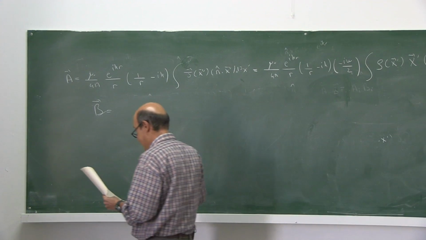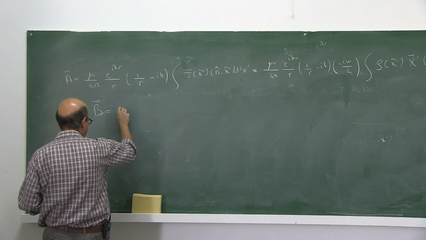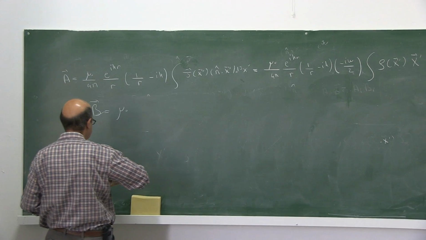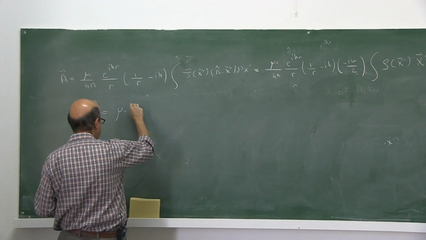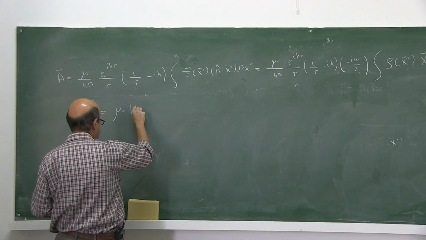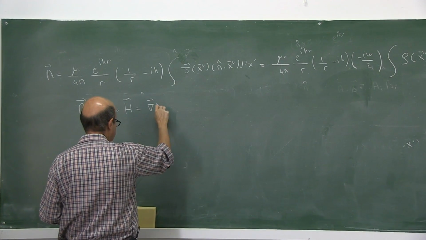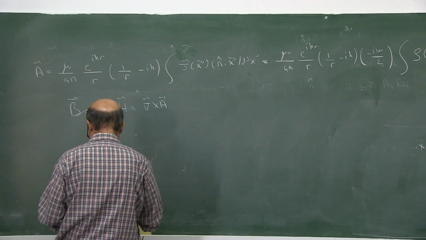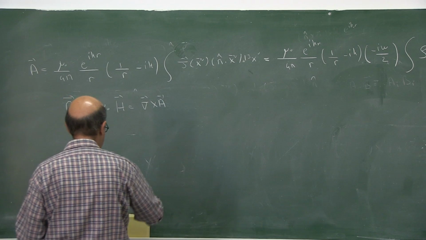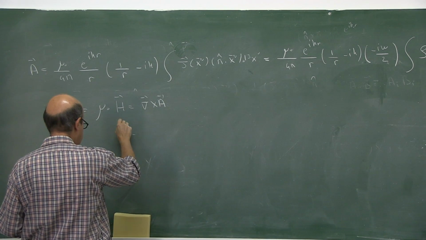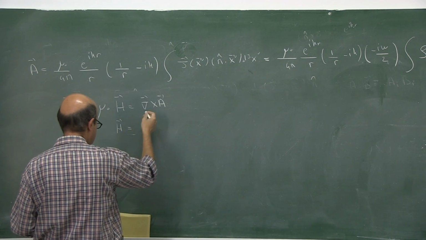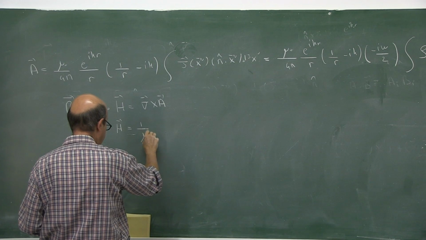So basically, B is mu 0 H, that is the curl of A, and H is 1 over mu 0.